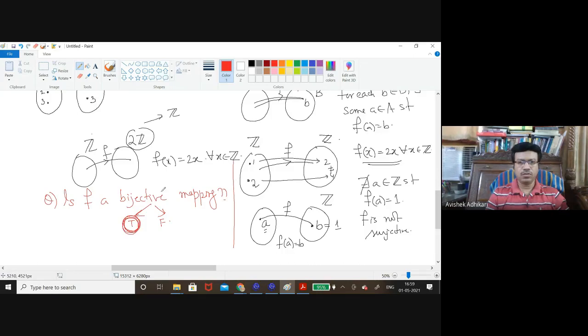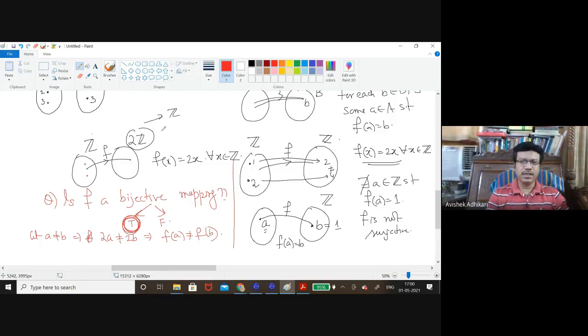Why is this true? This is injective, of course. If I take two distinct elements, so let A not equal to B, that will imply 2A not equal to 2B. That implies F(A) not equal to F(B). Fine.